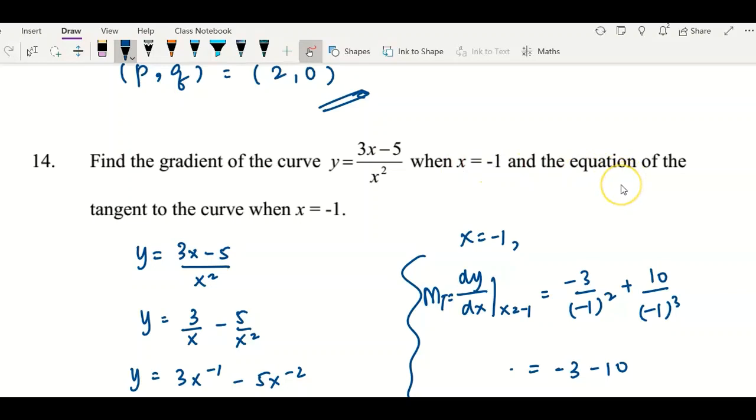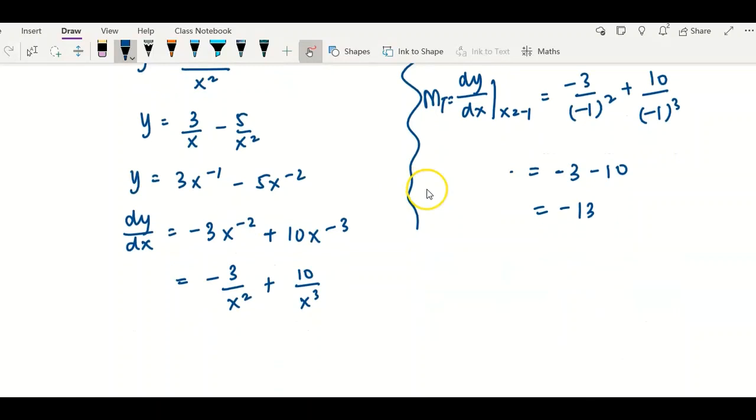The second part is to find the equation of the tangent to the curve when x equals negative 1. To get the equation of the tangent, I need the gradient and one point. Then substitute into the straight line equation: y minus y1 equals m_t times x minus x1.